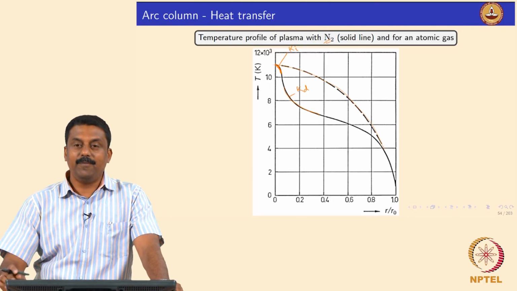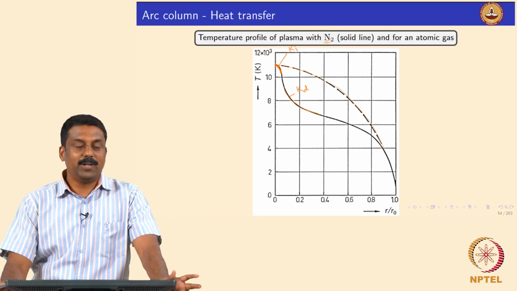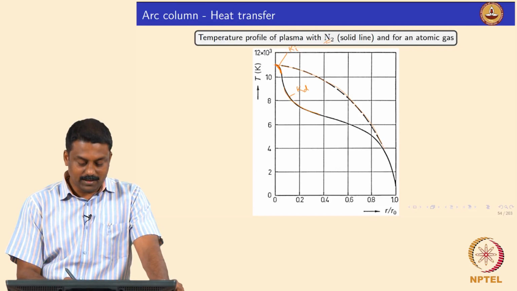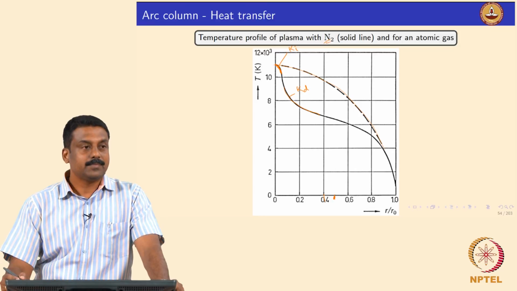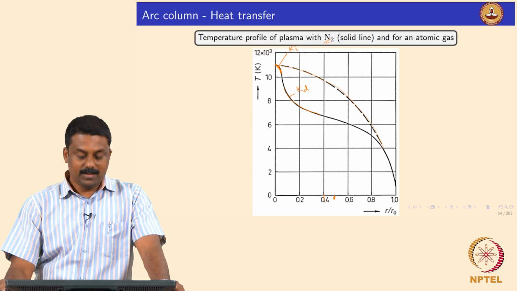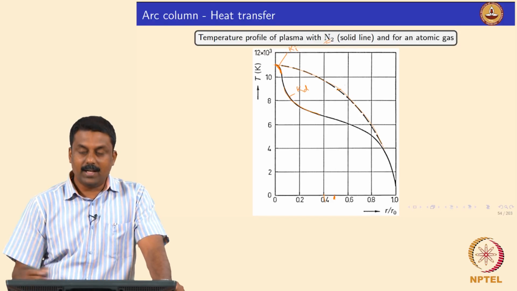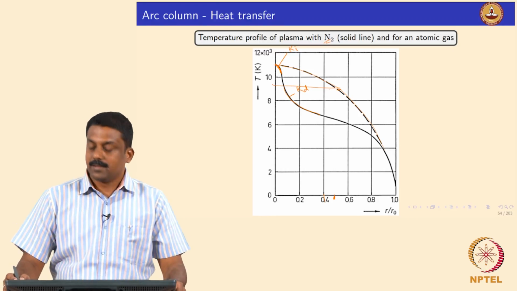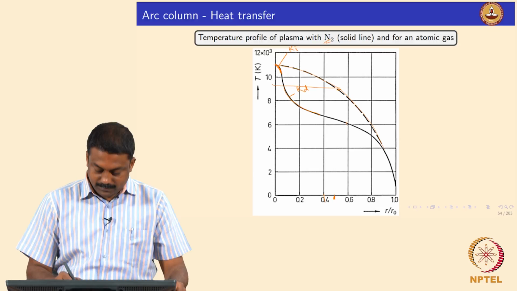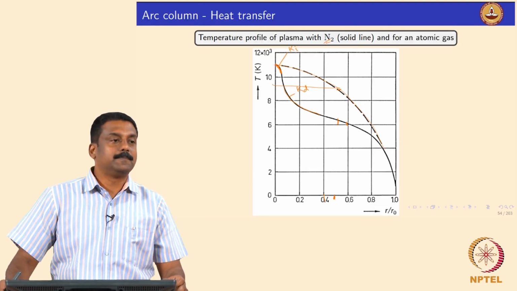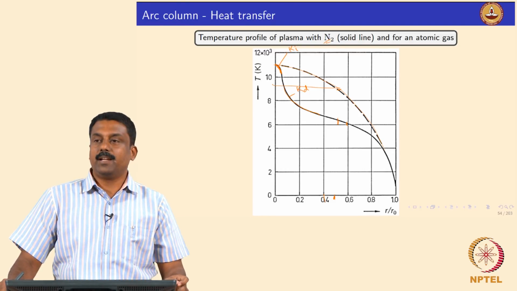So, obviously from this graph you can clearly say that if you use diatomic nitrogen instead of monatomic nitrogen, the arc temperature will be much lower at a given location. So, for example, at the center of the arc, or halfway from the center, the temperature of monatomic nitrogen will be somewhere around 9000, whereas in a diatomic gas it will be much lower, yes, about 6000 Kelvin.